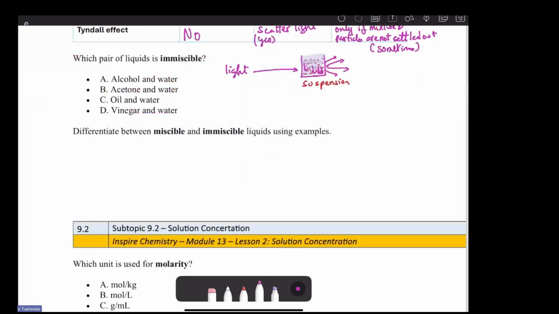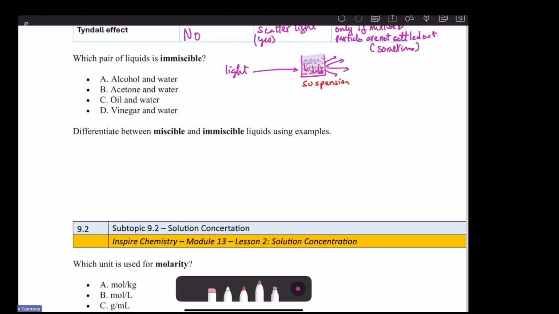Moving on. Which pair of liquids is immiscible? And here, this is the point where you have to remember the solvents that are polar and non-polar. In miscible and immiscible, we compare the polarity of the substances being mixed.